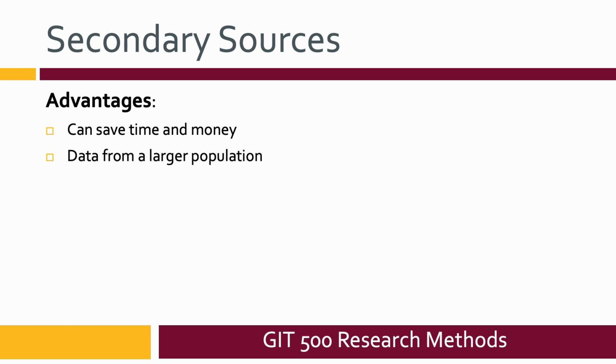Those databases usually contain really large research project data, and that has been gathered from a larger population. So that is probably more than you could do yourself. You don't have to gather the data, right?